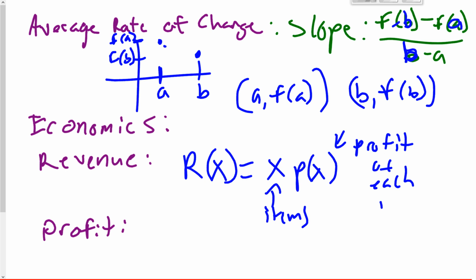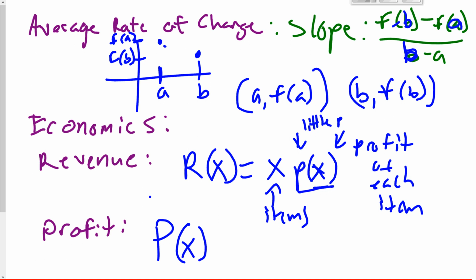To find the revenue, how much I make, I take the price of each item, p of x, and multiply it by the number of items I have, and that creates the revenue. This is a little p. For profit, this is a big P.